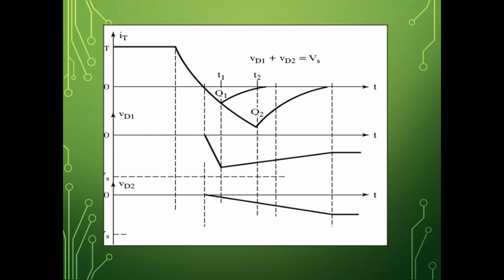So if we consider the voltage, that VD1 expression which we have obtained, if instead of the current we take voltage, what are we going to get? We have obtained VD1 in terms of current, ID2. Instead of that, if we obtain it in terms of the charge, how can we express it?